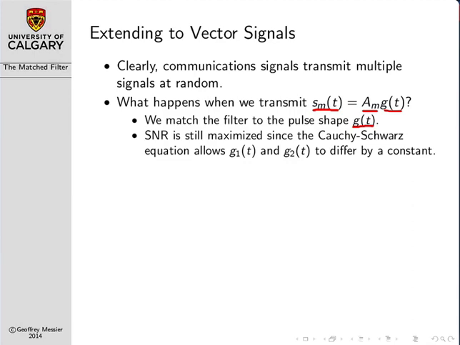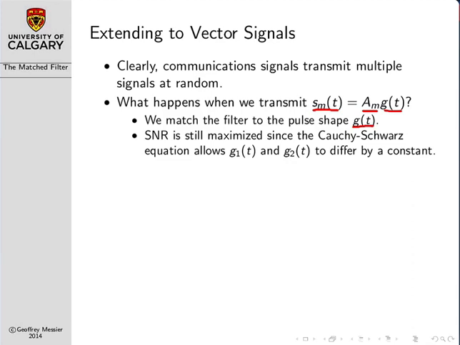And so if we change the amplitude of our desired signal and we still match the pulse shape, then we still maximize signal to noise ratio. And this is also nice because often the communications channel will attenuate the signal by some amount, and it's not necessary for us to estimate that amount exactly in order for the basic matched filter to work.